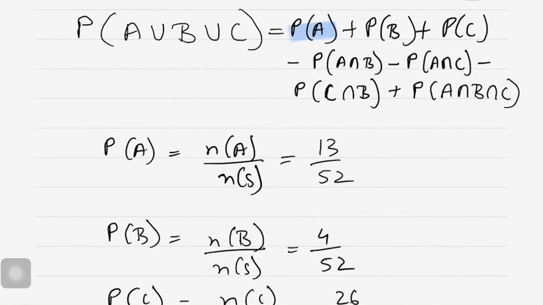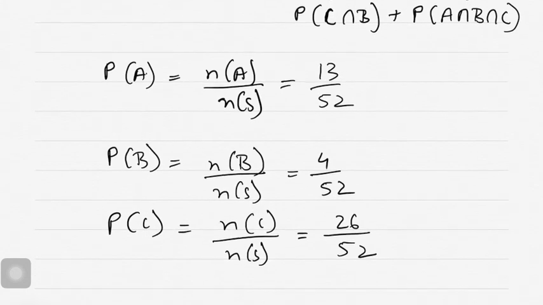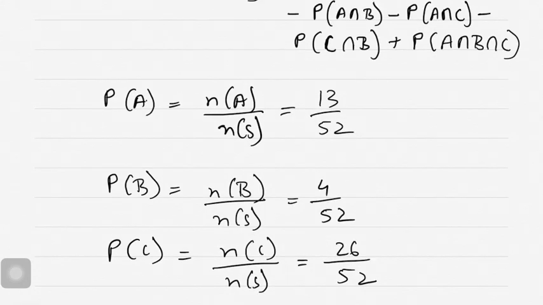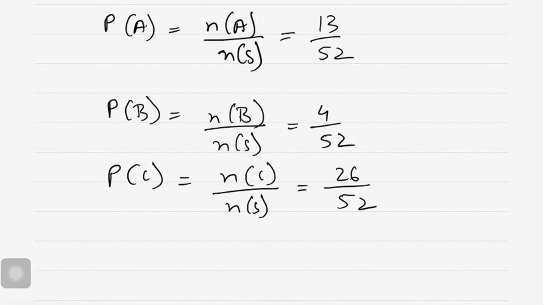Then I want P of A intersection B, that I am supposed to subtract. So you have to find out P of A intersection B. Before that, let us see what is N of A intersection B.